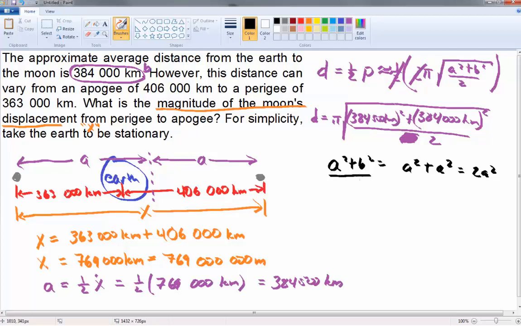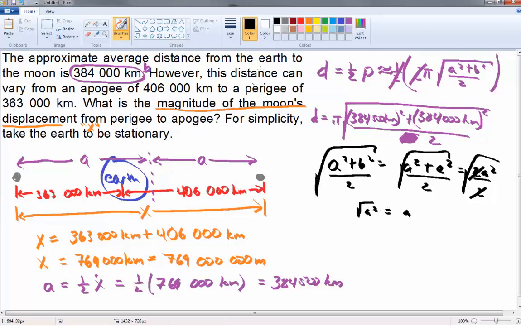If you have that divided by 2, the 2's cancel. If you take a square root of all that, you end up with the square root of a squared, which is equal to a. And so you'd be saying half the perimeter is pi times a. Well, a in this case just represents the radius of the circle. So half the perimeter is pi times r, which means that the whole perimeter is 2 pi times r. And that's what you'd expect for a circle. So that's how you know that this is a reasonably valid approximation.